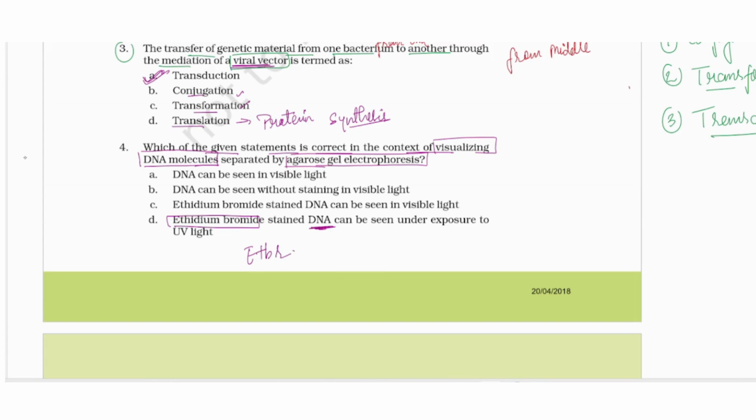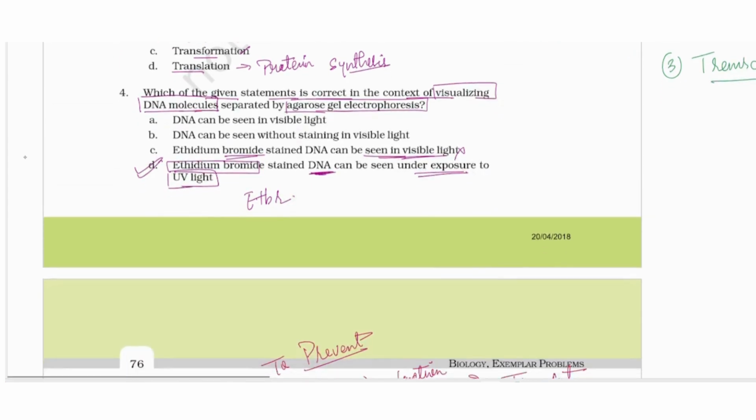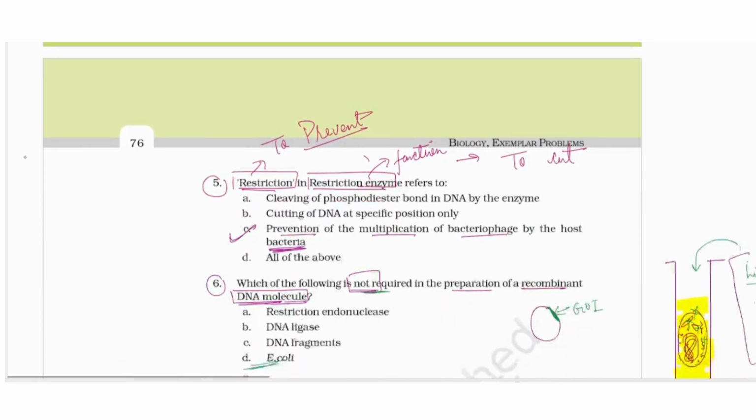Then we use UV light to visualize it. So the answer would be ethidium bromide, but it cannot be seen in any visible light, like whatever we are using in our homes. Under UV light only would it be visible. The next question is here.